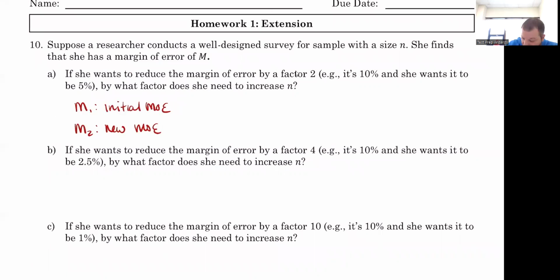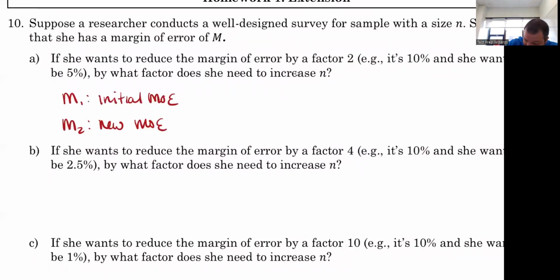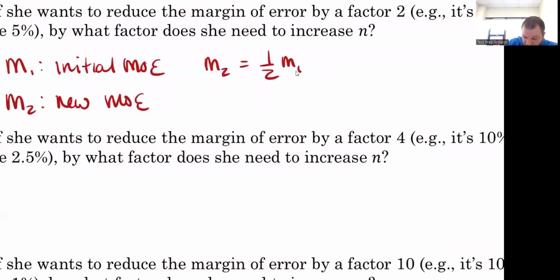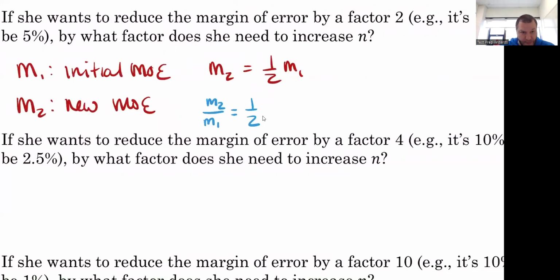So this means that I want my second margin of error to equal 1/2 of my first margin of error. Put another way, in terms of ratios, M2 over M1 would equal 1/2. I want to cut my margin of error by a factor of 2.